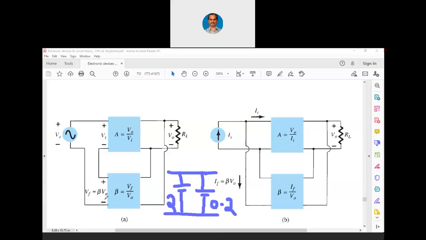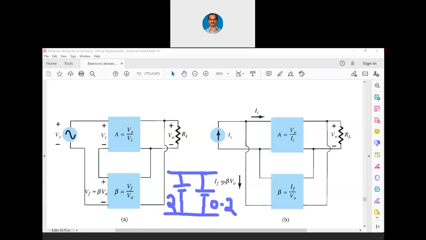Why? Because the feedback voltage is in series with the input voltage. But with the voltage shunt feedback, we cannot directly connect a voltage with another voltage source. In such a case, it is better to connect this feedback voltage with the current source.